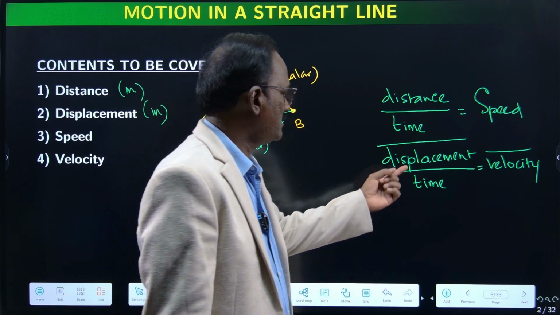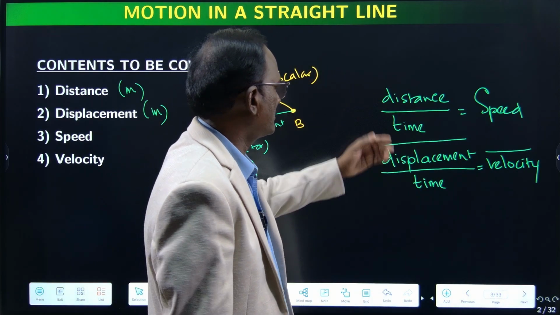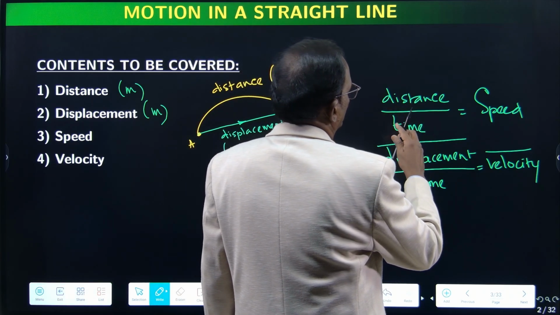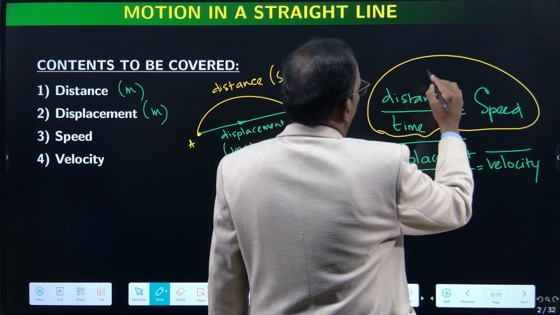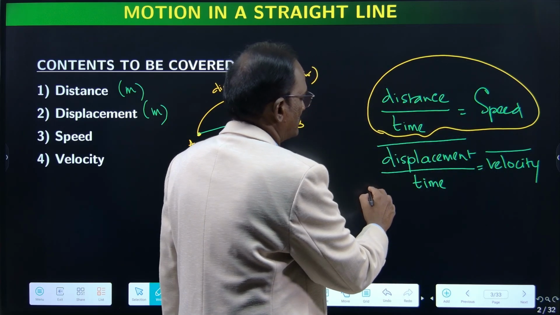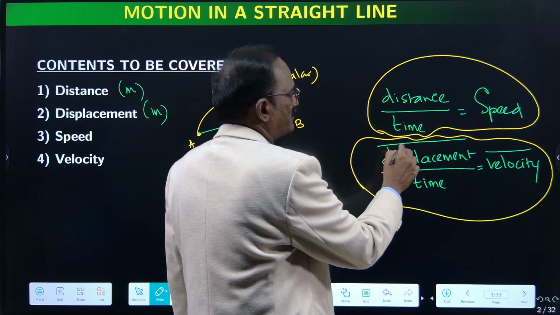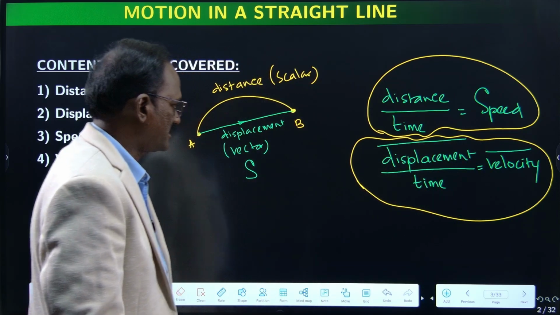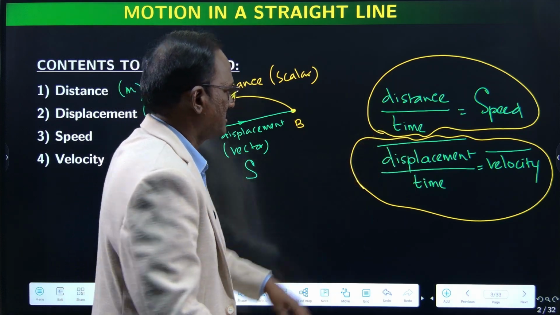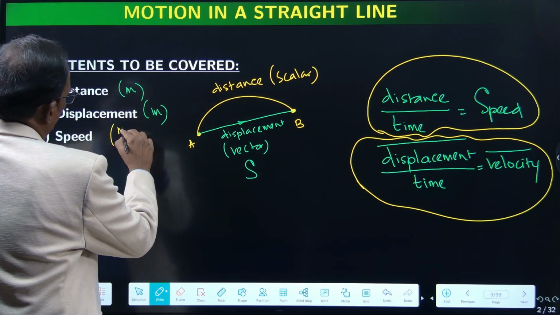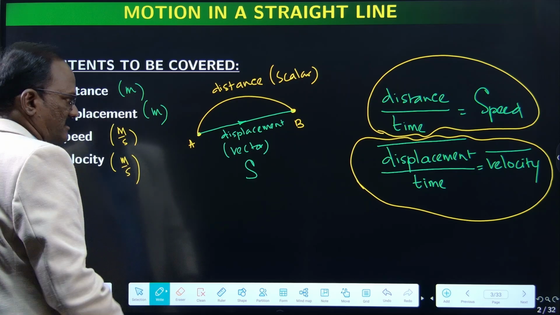If you use the symbol, you can draw one bar over it to mean it is a vector, right? Whereas distance by time, since distance is a scalar, speed is also a scalar. This displacement over time is a vector. So the unit is meter per second. For velocity also meter per second, right?